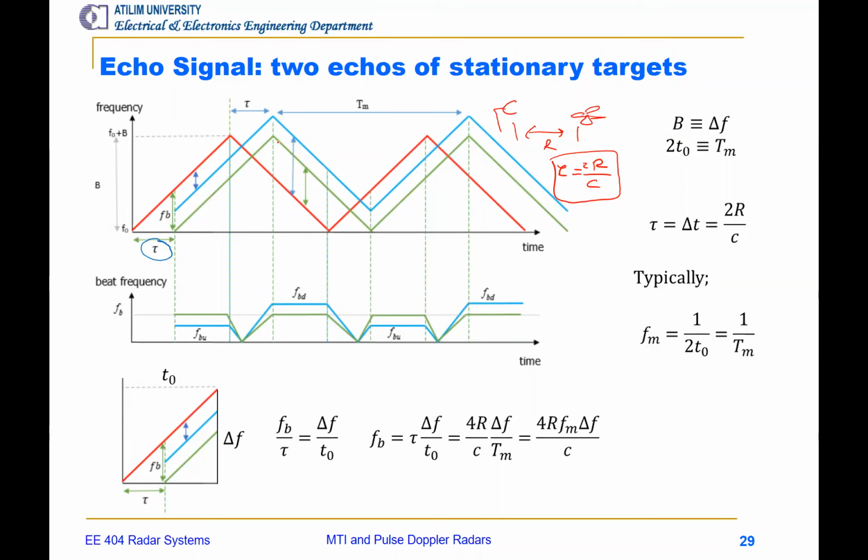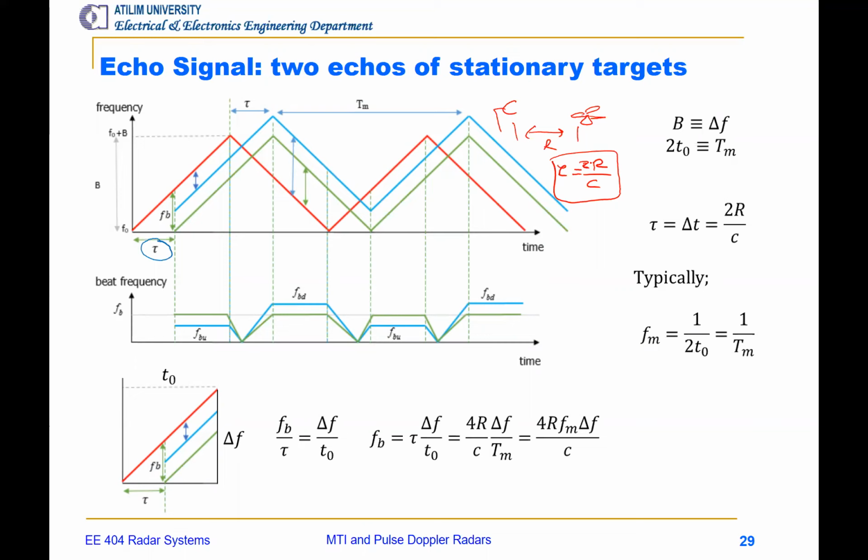If the target is moving, then we might see an echo signal just like the blue one, where the range is varying with the speed of the target. So the Doppler shift. Okay?